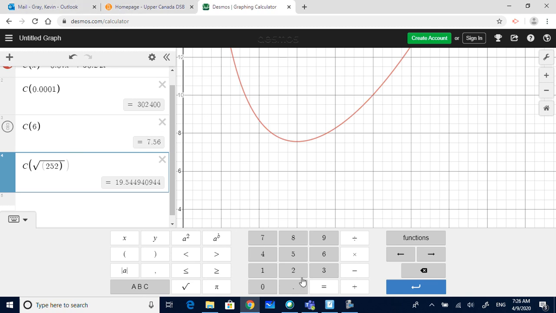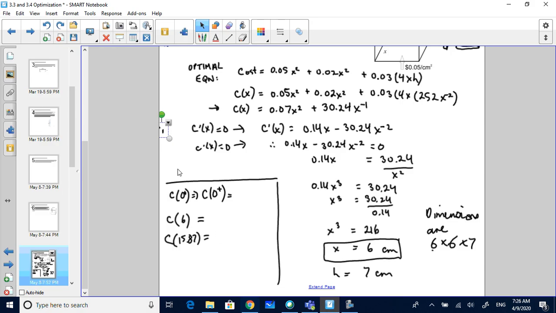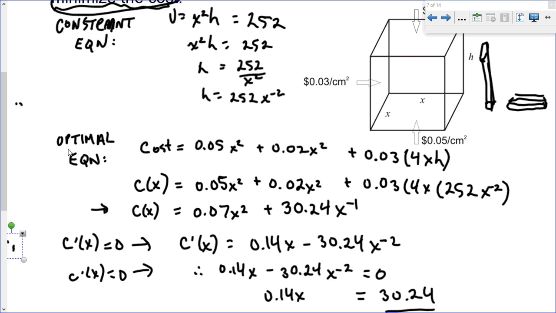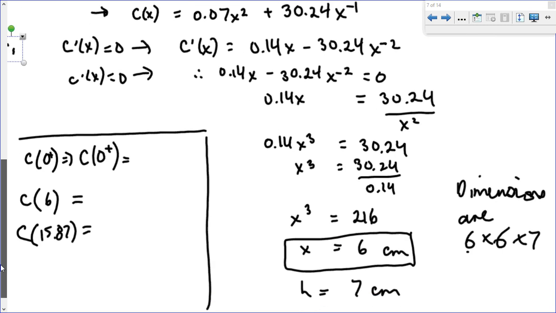So back to my work, almost done here. We got 302,400. Now that's a high one, but that makes some sense. At that 0, we've got a very large value.